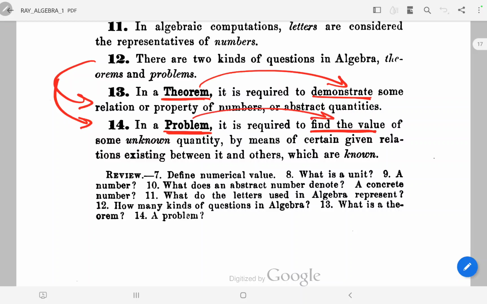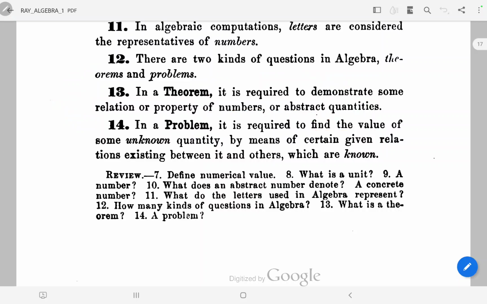In a problem, we're required to find the value of something. So see the difference between theorems and problems. If you're asked to prove something in algebra, it's a theorem. If you're asked to find the value of some quantity in algebra, that's a problem. These are the two different kinds of questions in algebra: theorems and problems.